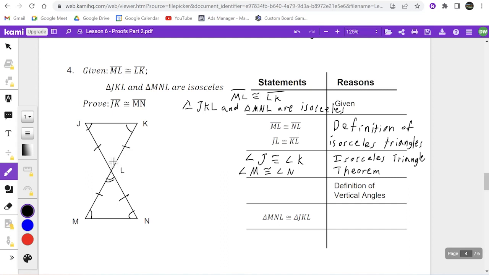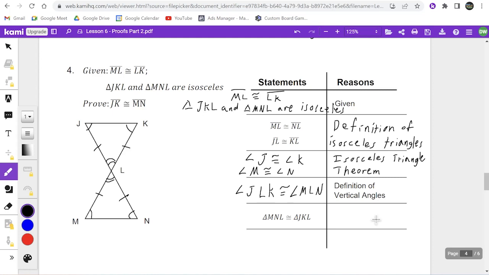So L and the other L are both vertical angles, and that means they're congruent. Go ahead. I would say angle JLK is congruent to angle MLN. And again, that's because of the definition of vertical angles. You could also say vertical angles are congruent, because they're basically the same thing.